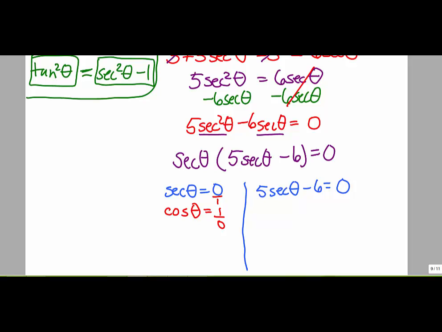If we think back to the domain and range for secant, what are the allowed output values? Or in other words, the range for secant. Well, secant's output values go from negative infinity to negative 1, and then from 1 to positive infinity.